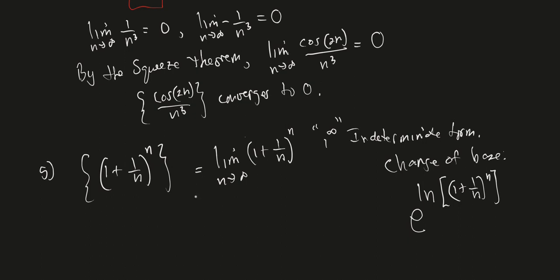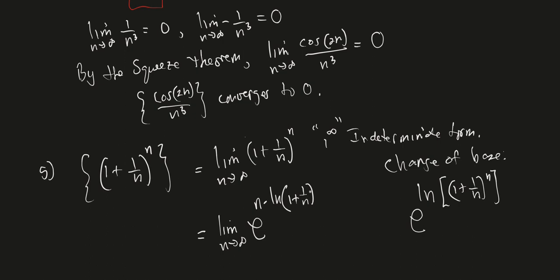So let's write that. So we have the limit as n goes to infinity of e to the n times the ln of 1 plus 1 over n. All right.